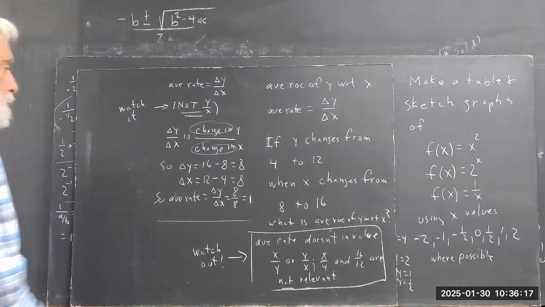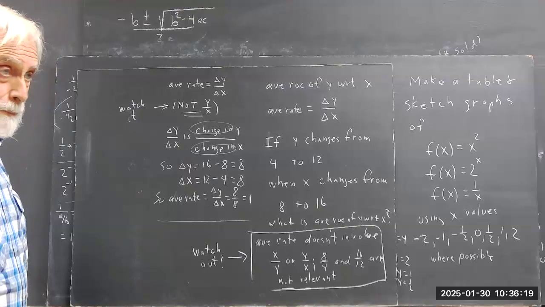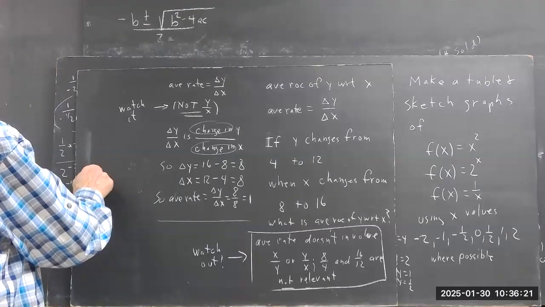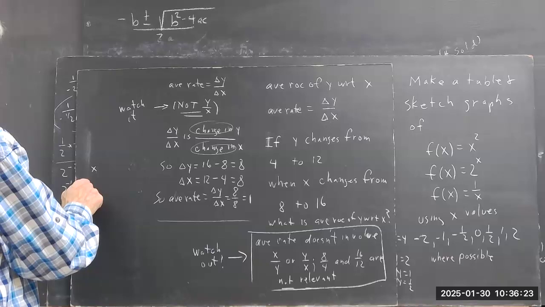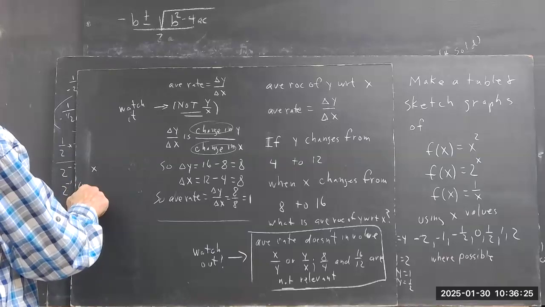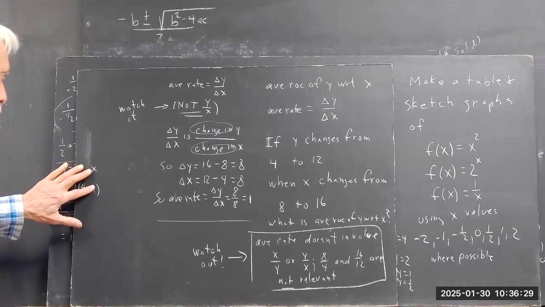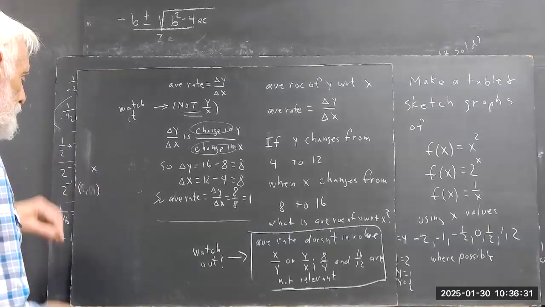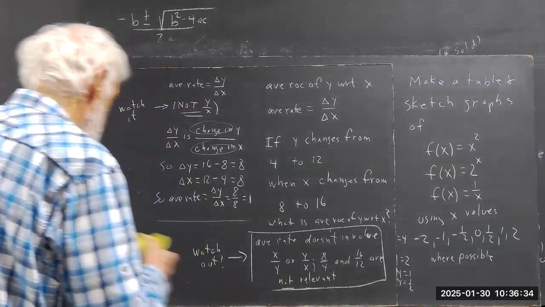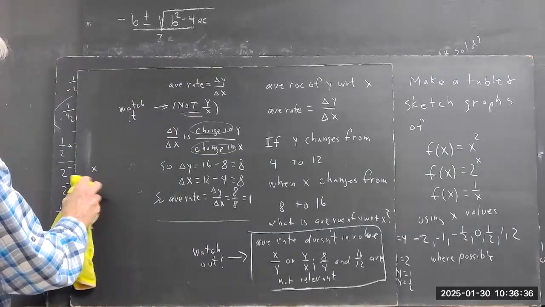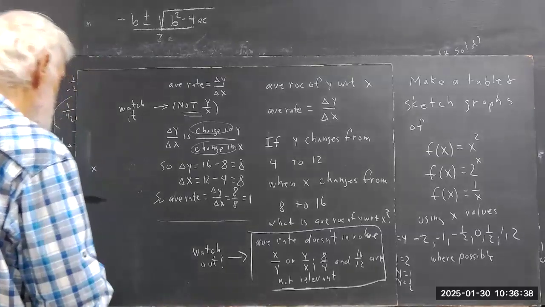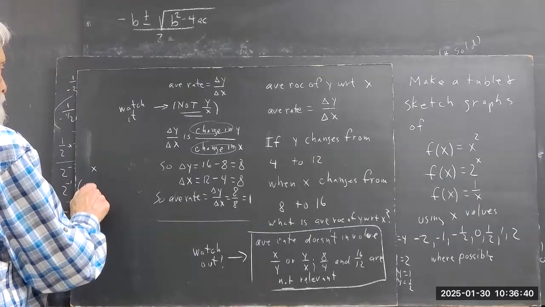We can put these points on a graph. Here's your point, 4, 12, 4, 8, sorry. Maybe I'll get it right. I erased it to start with. Watch, I'll get it right this time.